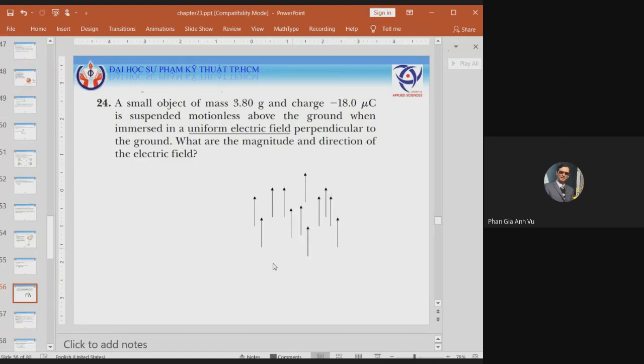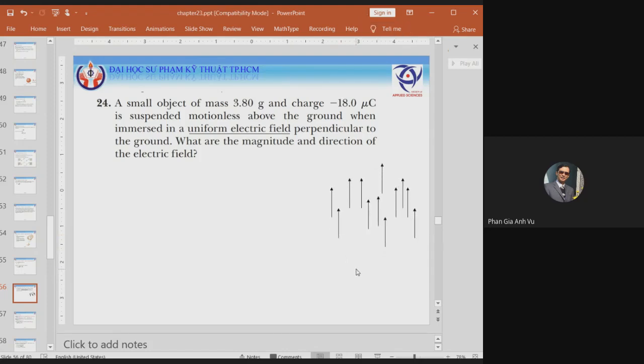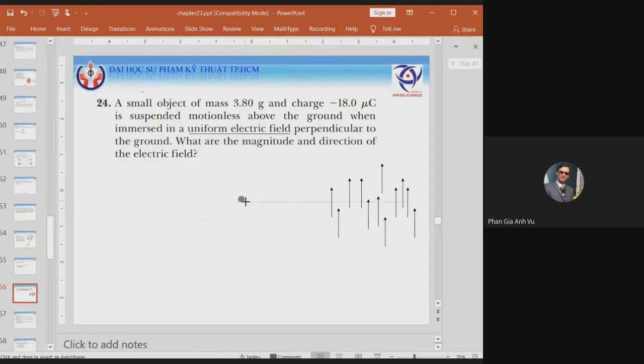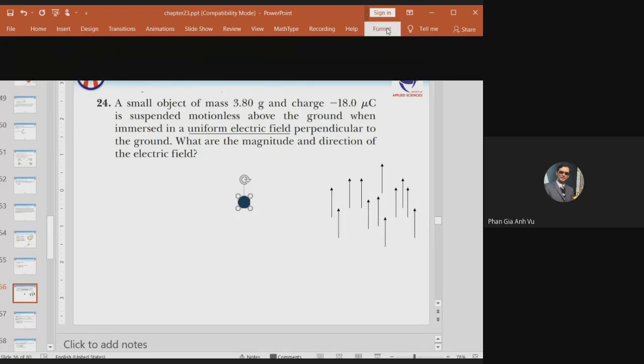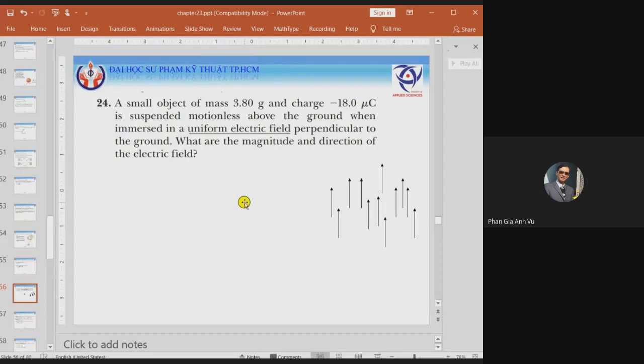Okay, so I have here a small object. I can draw it as a small yellow sphere. It is suspended.